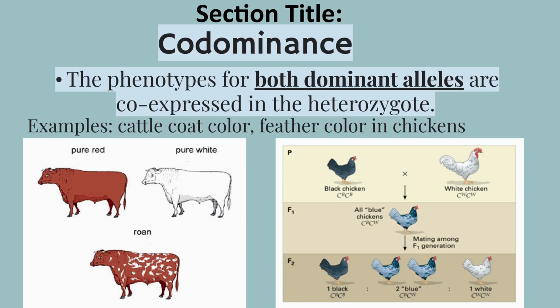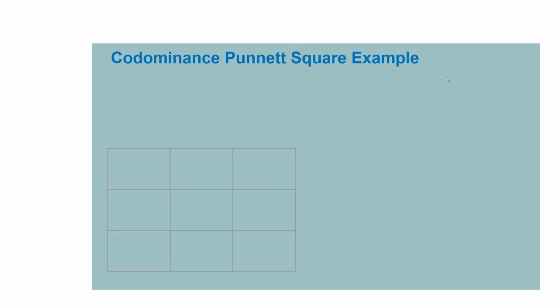The reason it looks blue is because it's speckled. The speckling of the white and black dominant colors showing through in the fur makes it appear blue. So both the dominant black and dominant white colors are being displayed in the heterozygous offspring.